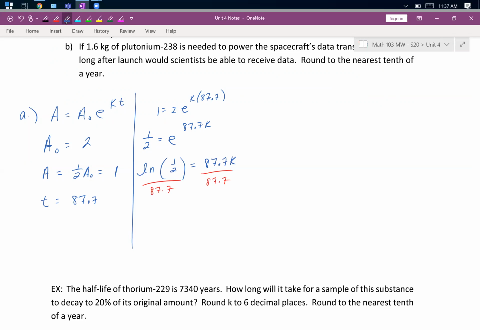Your k value is going to be a really small number, just like it was with our population growth. And this time, because our amount is decreasing, we anticipate a negative k value. So if we pop this in our calculator, we should get k to be negative 0.00790.